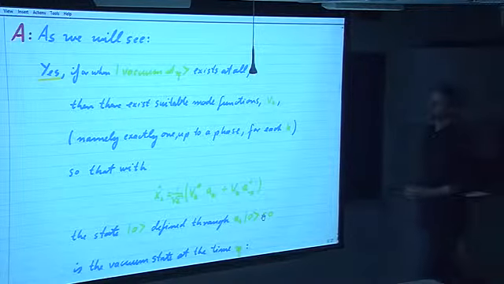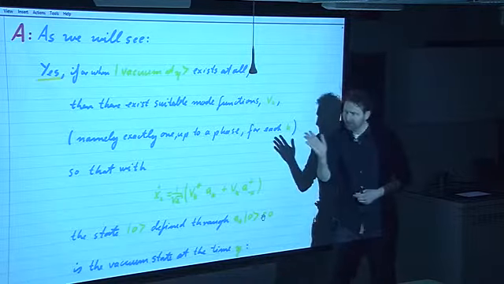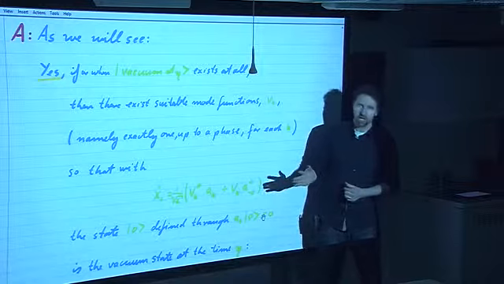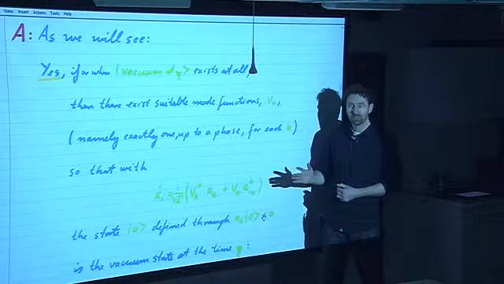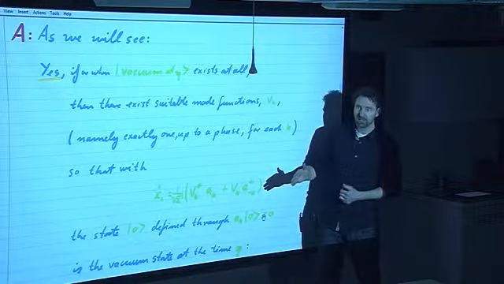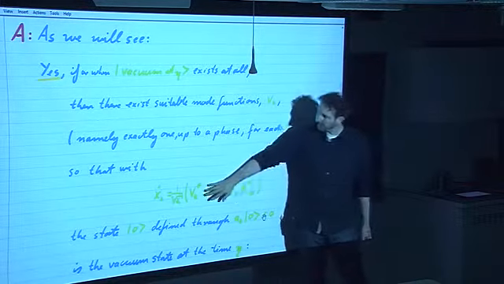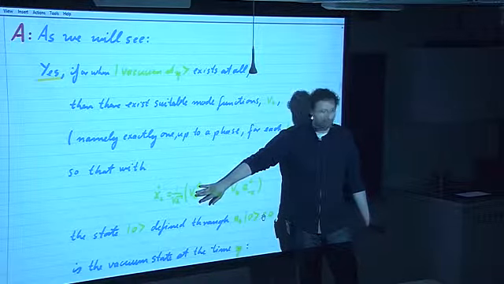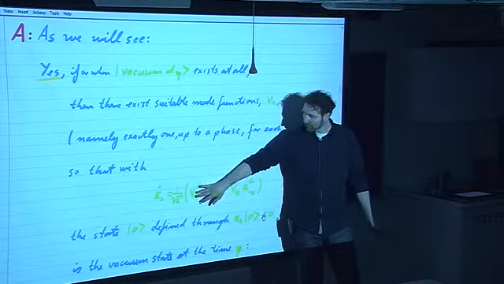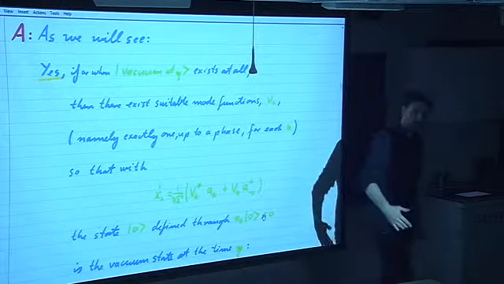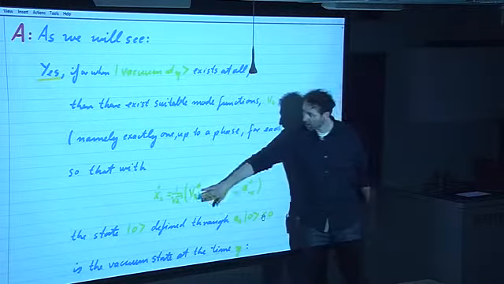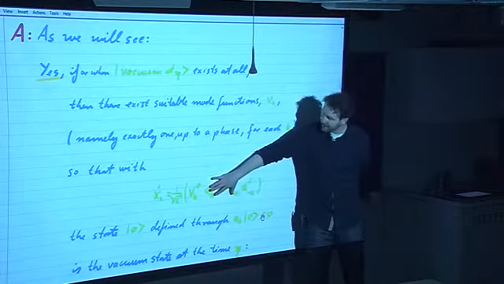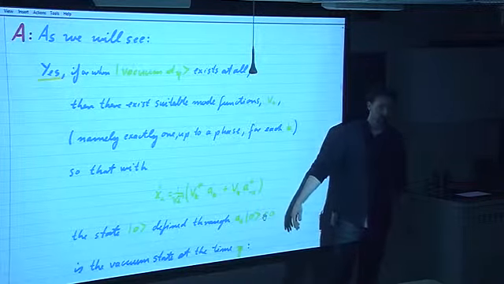The question of which is the vacuum state boils down to the question of which mode functions, which in turn boils down to the question of which initial conditions. Because if you remember, to fix a mode function is simply to fix its initial conditions at some point. You choose at one particular moment in time the amplitude and the first derivative, and that means you've chosen the mode function. Once you've chosen the mode functions, you've chosen which A operators and A dagger operators, and that determines which vacuum you've chosen.